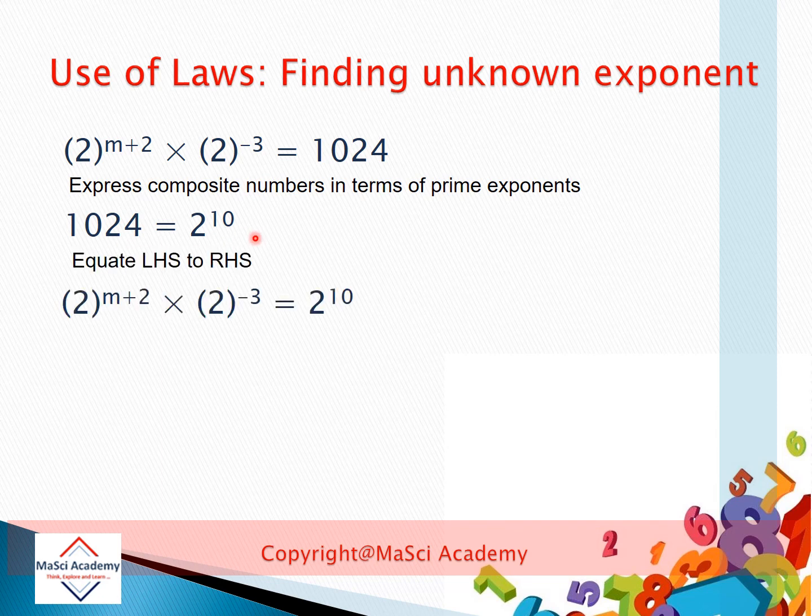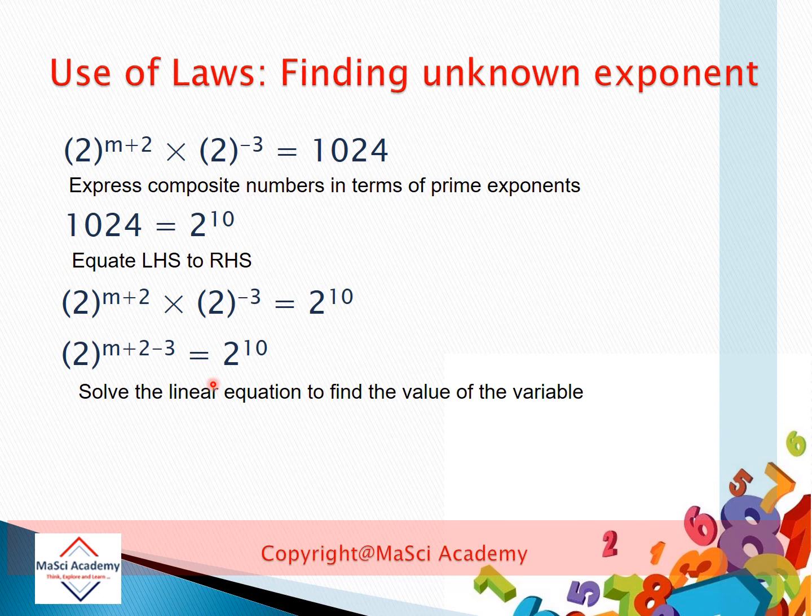On equating left side to right side, the equation becomes 2 to the power m plus 2 multiplied by 2 to the power minus 3 is equal to 2 to the power 10. On using the laws of exponents, left side again becomes 2 to the power m plus 2 minus 3. The two powers are being added because we have two numbers with the same base being multiplied together but different powers.